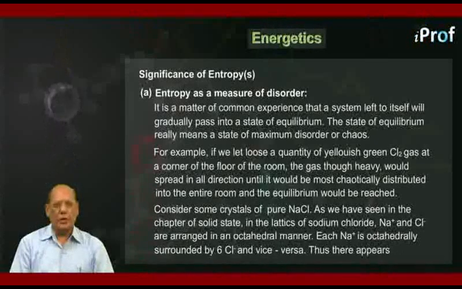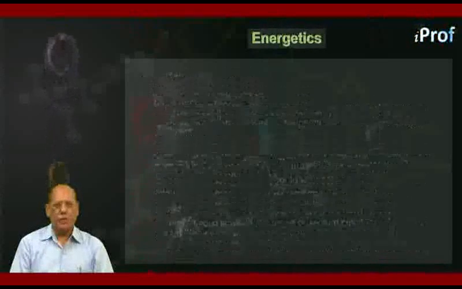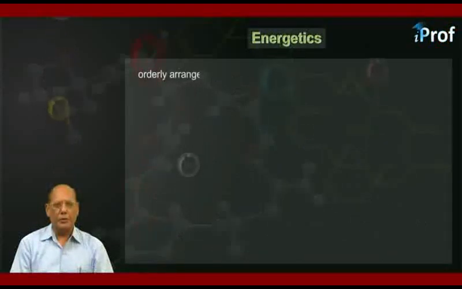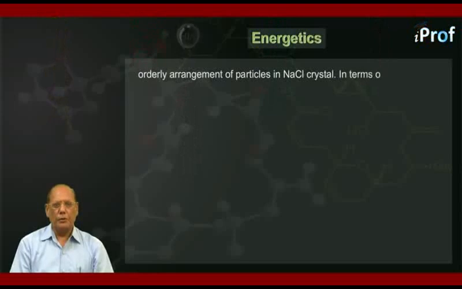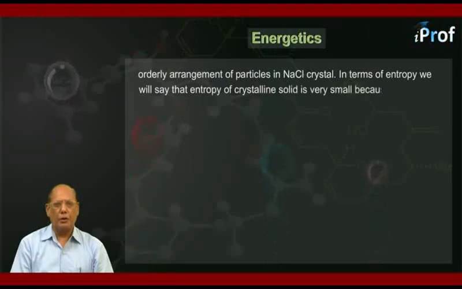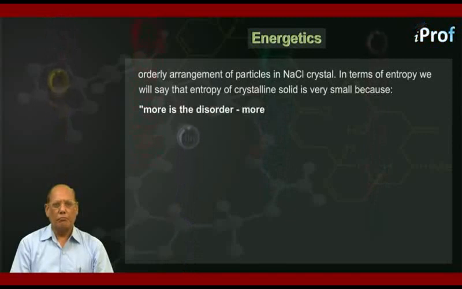Thus, there appears to be an orderly arrangement of particles in sodium chloride crystals. In terms of entropy, we will say that the entropy of a crystalline solid is very small because the more the disorder, the more the entropy.